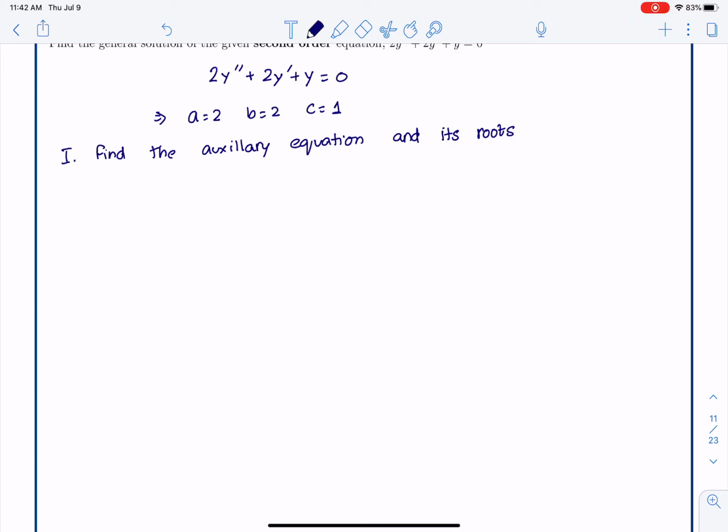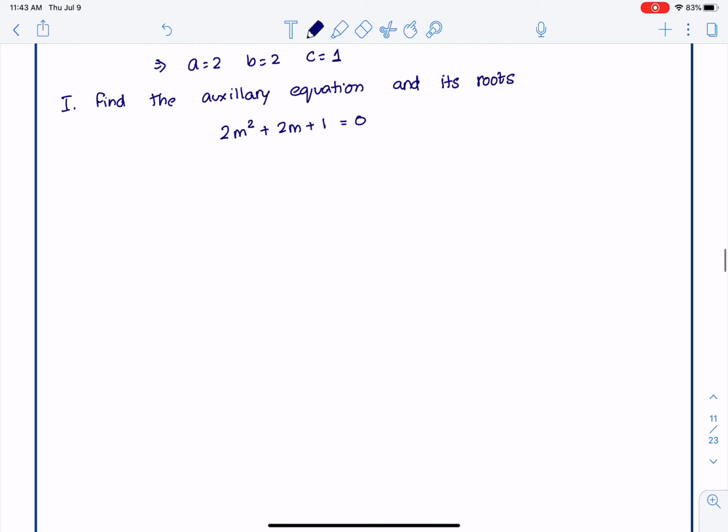The auxiliary equation here is 2m squared plus 2m plus 1 equals 0. We could use the quadratic formula, so m would equal minus b, so minus 2, plus or minus square root of b squared minus 4 times a times c divided by 2 times a.